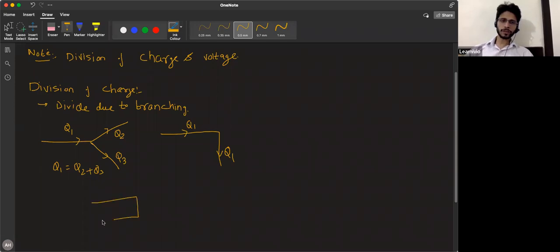If I am drawing this diagram, Anshika, will charge divide in this case? See, charge divides due to branching. Branching means there is a single wire and it divides into two wires.